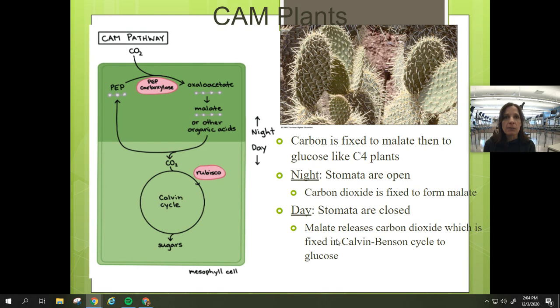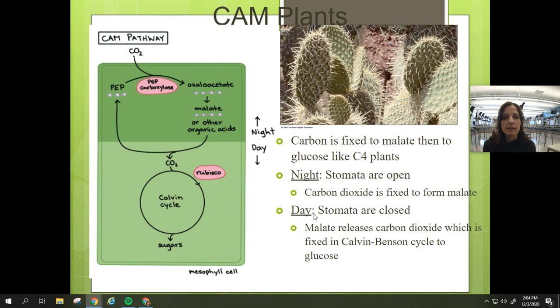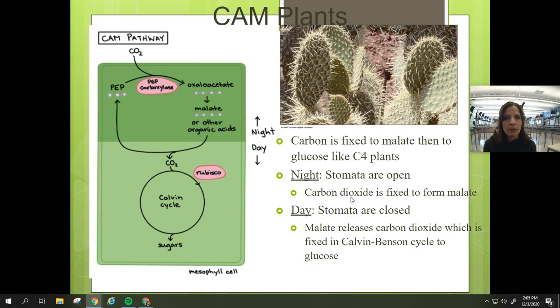So the malate can be broken down and release carbon dioxide, which can go into the Calvin-Benson cycle. So CAM plants, stomata are open at night, closed in the day, but if you talk about C4 plants, they are only closed when the plant gets dehydrated, when it's hot and dry. So it's not a night or day thing.